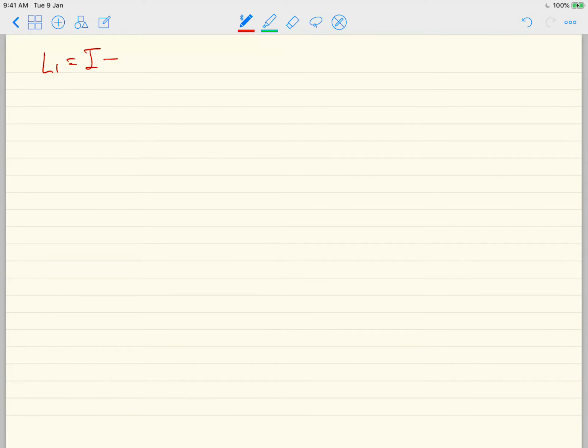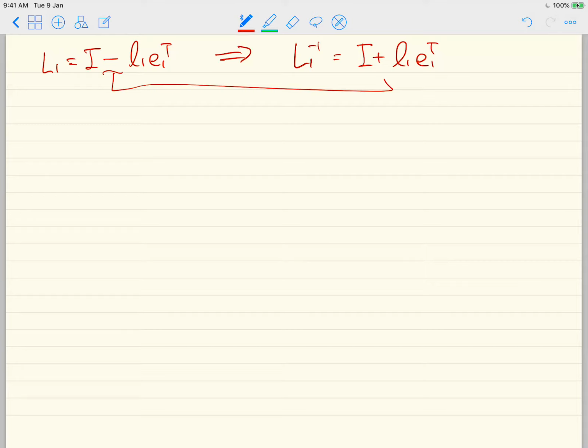L1 is again I minus L1 E1 transpose, and I want to claim that its inverse matrix will be I plus L1 E1 transpose, but we just change the minus sign to the plus sign over here.